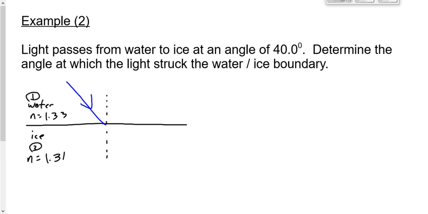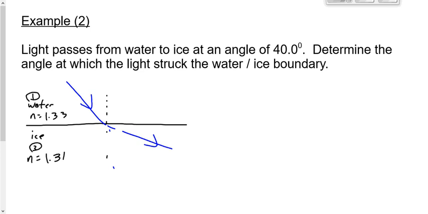If n goes down, what's going to happen to v? As n goes down, v will go up, lambda will go up, and theta will go up. So we're going to find that the light bends this way. In the diagram that I drew for you a few minutes ago, it bent this way. We know that it bends the other way this time because n went up.